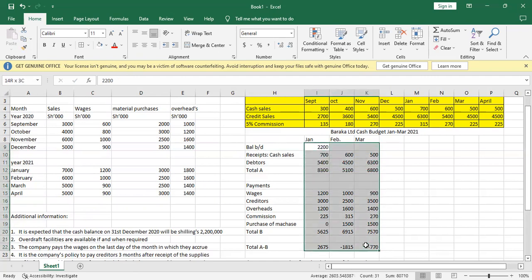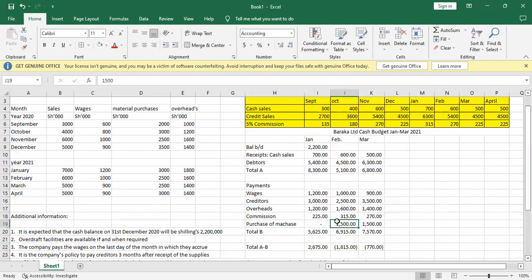Let me make this money. It doesn't look like money. So our figures are in thousands. So you can see we have a surplus of 2,675,000. So this becomes our balance brought down in the month of February. So 2675, right?